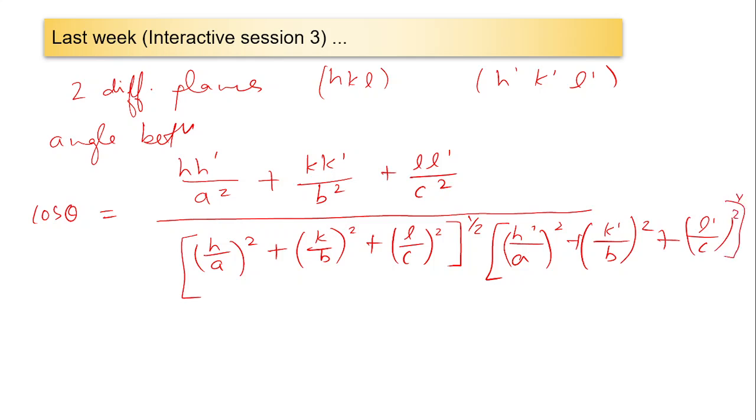This is all in the denominator. So this was the formula for finding the angle between two different planes.